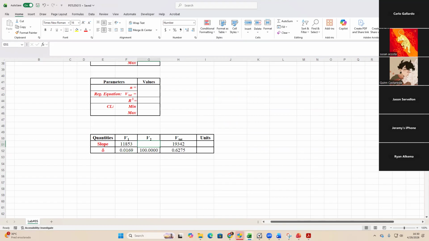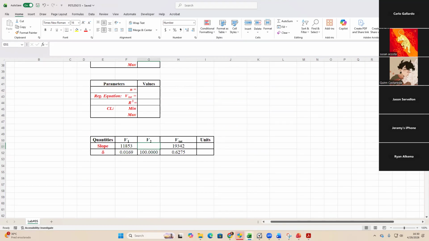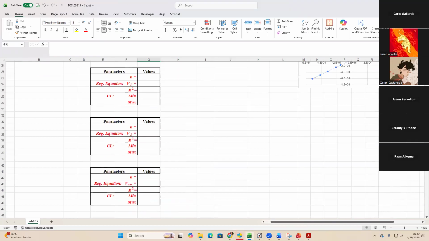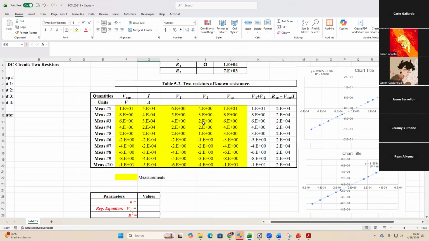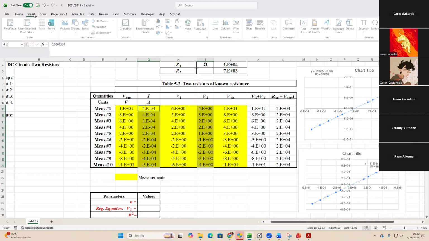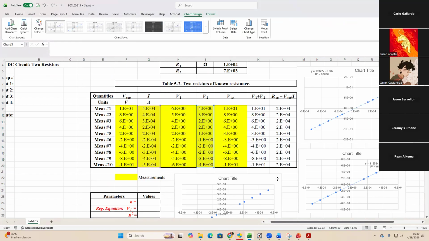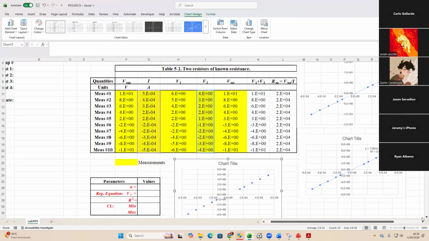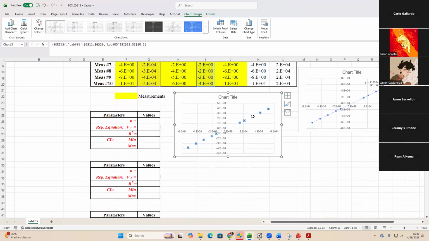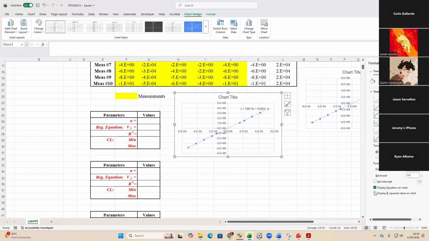And the last graph, V2 and I. Control key, insert, chart, scatter. Click, right click, add trend line, display equation on chart, display R square on chart.